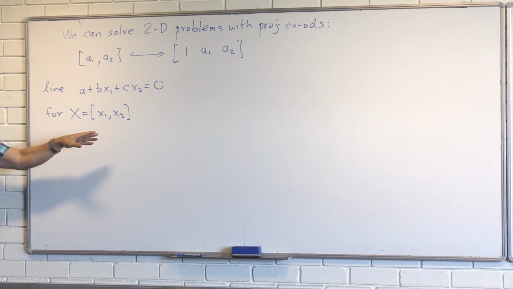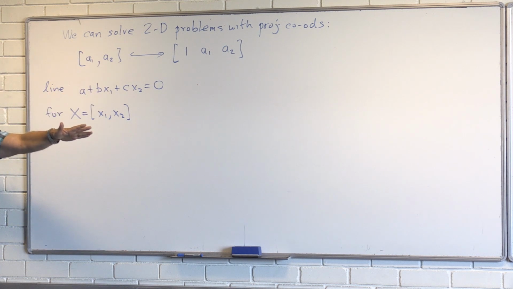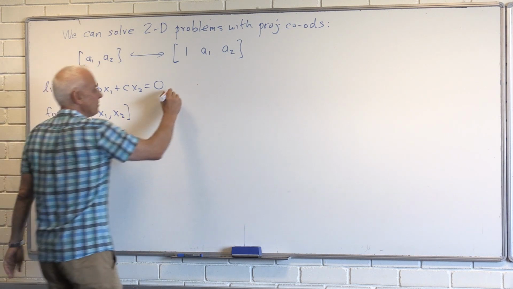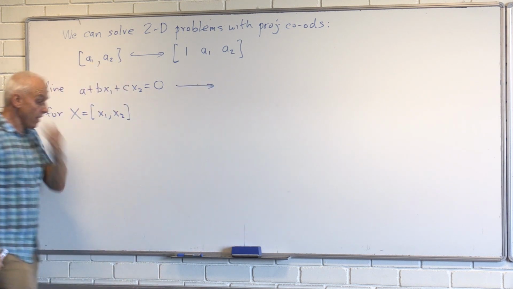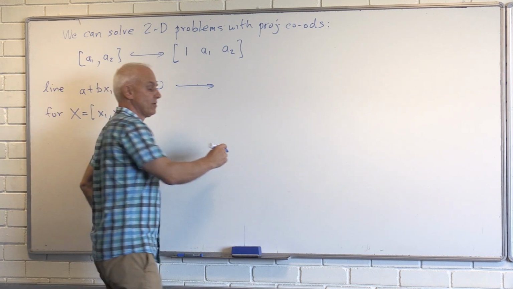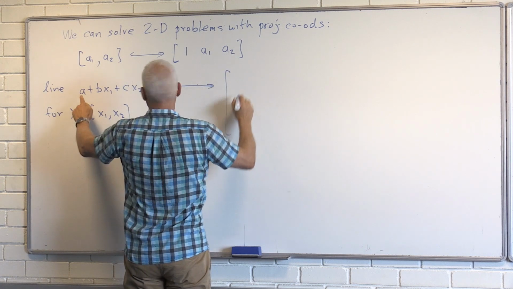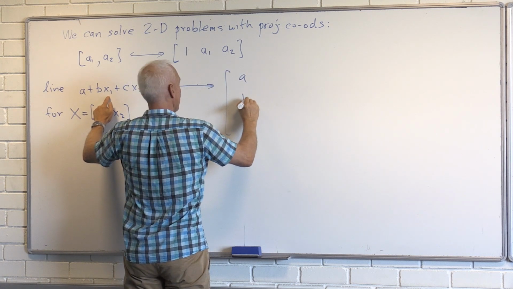That's a linear equation in the variable point. That's a line in the plane. So to that line we can associate a column 2 point. Which one? We want A, B, C.